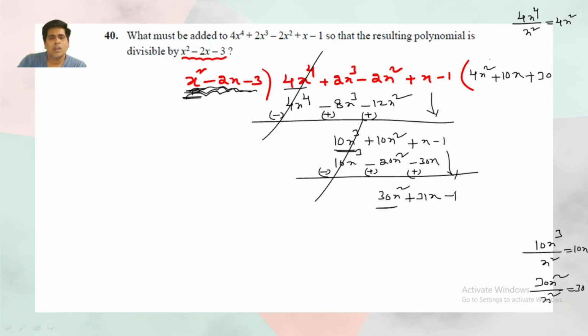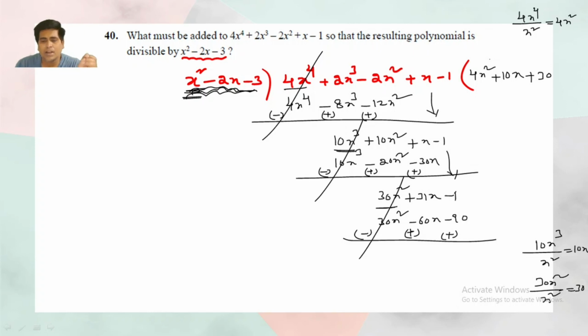Again this trinomial we have to multiply with 30. So x square into 30, 30x square, minus 2x into 30, minus 60x, minus 3 into 30, so minus 90. So once again we'll subtract, plus becomes minus and minus becomes plus, and minus becomes plus.